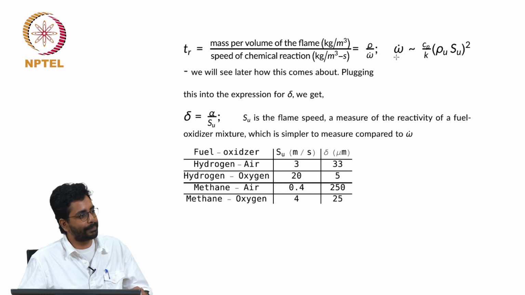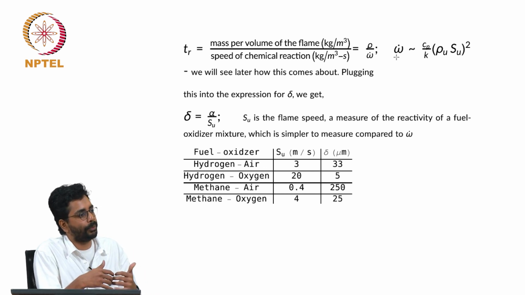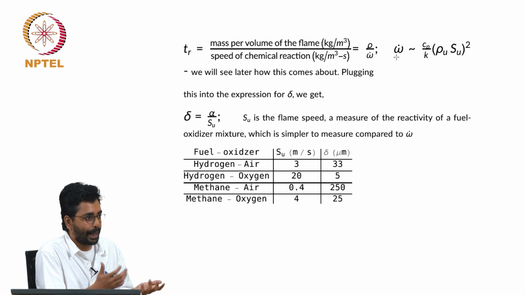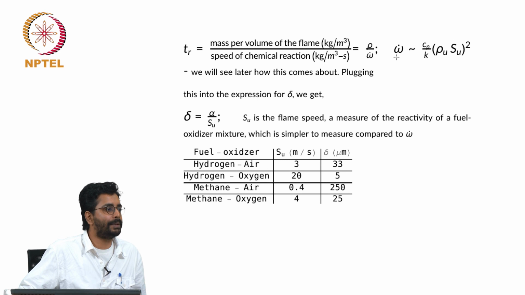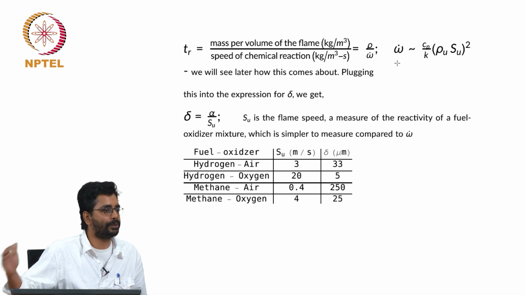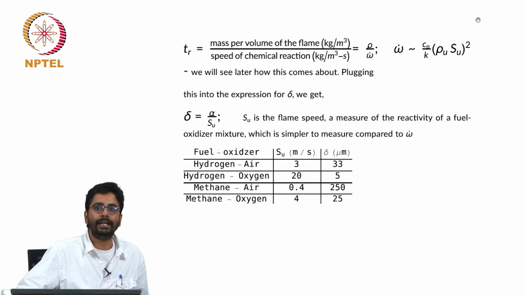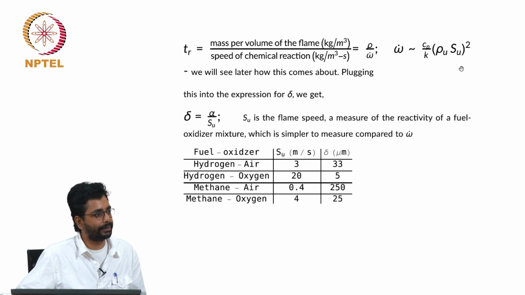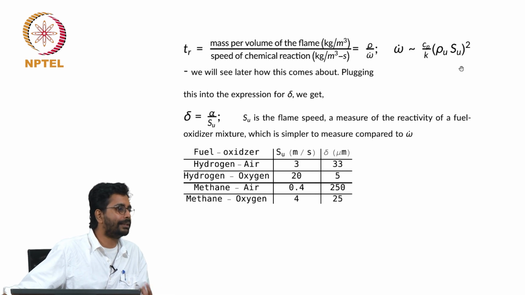You will not get the exact magnitudes, you will not get information about all the complicated pathways through which the actual conversion of the reactants to products happens, but there are situations where that information is not required. For example, the combustion process that happens over the surface of a composite solid propellant. For this strategy of estimating reaction rates from flame speeds, the numbers that you get are good enough to create a theoretical framework for predicting the burn rate of composite solid propellants.